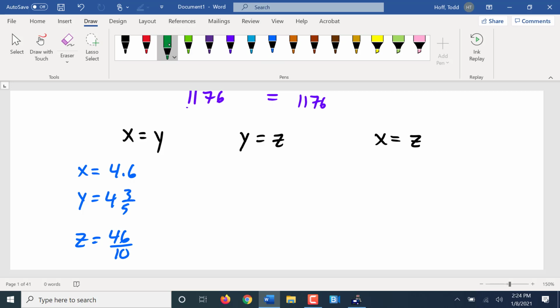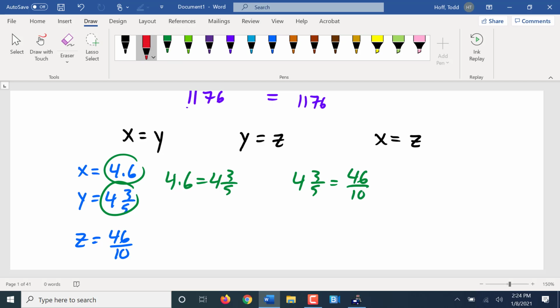Well, 4.6 is equal to 4 3/5, and 4 3/5 is equal to 46 tenths. So 4.6 must equal 46 tenths. That's all that's saying. If two things are equal to the same thing, they're equal to each other.